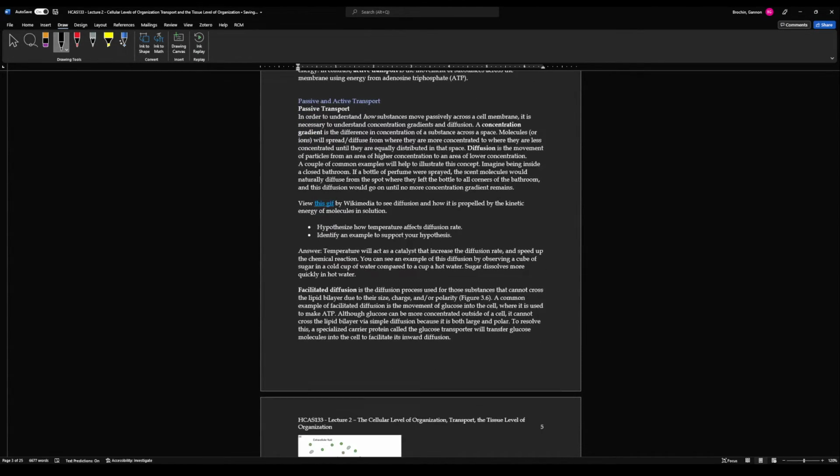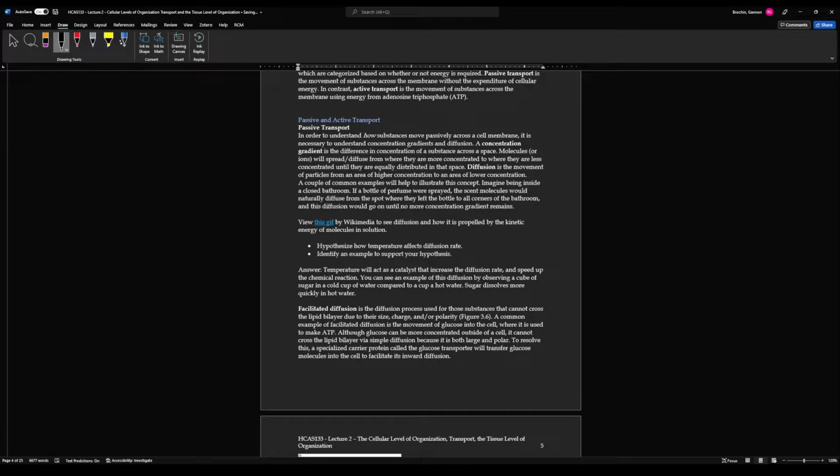Now, passive transport. The big thing to think about is that materials in the body form a concentration gradient. This means that there will be substances inside of a cell and substances outside of a cell, but they can have different concentrations depending on which side of the cell membrane you're on. Following basic physics and biochemistry properties, these molecules will want to spread themselves out evenly.